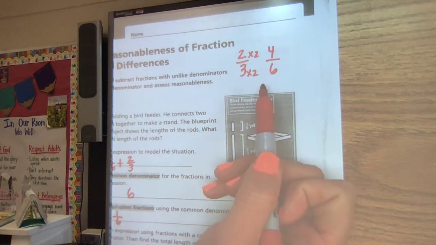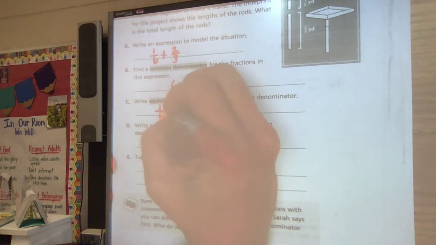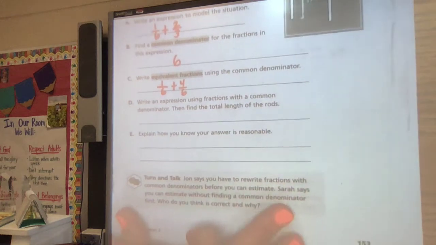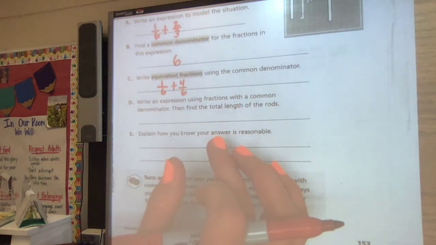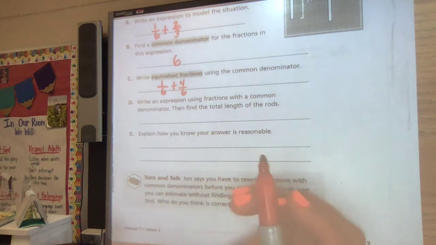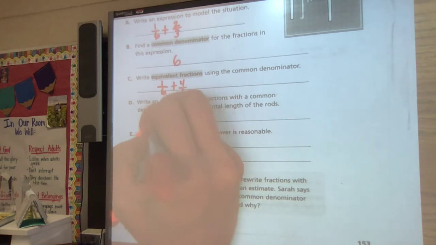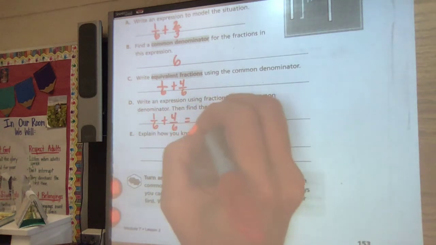Remember, sixths are going to be smaller than thirds. So I'll have 1/6 plus 4/6. Okay, then it says write an expression using fractions with a common denominator, then find the total length of the rods. So just like we said, 1/6 plus 4/6 equals 5/6.